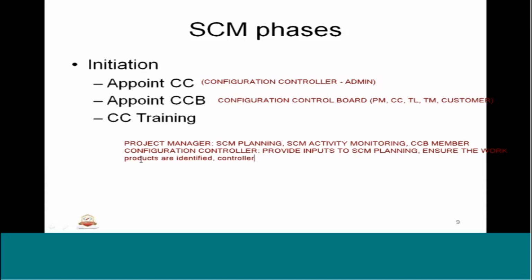That means all the check-in, check-out, admin activities, creating the folders, locations, all this will be taken care of by the CC or the configuration controller. And he is also responsible for version control.